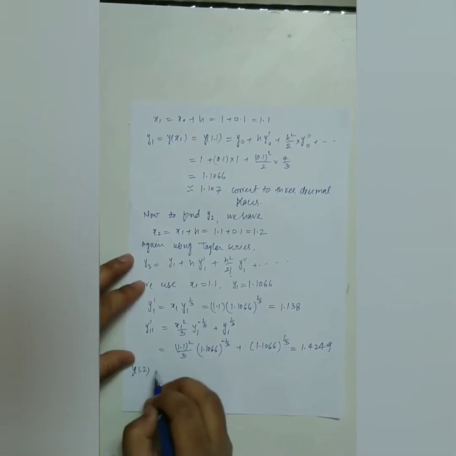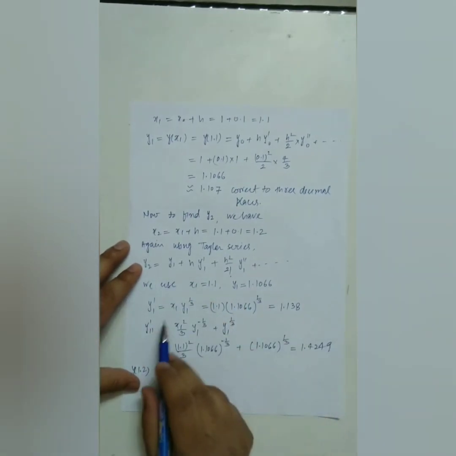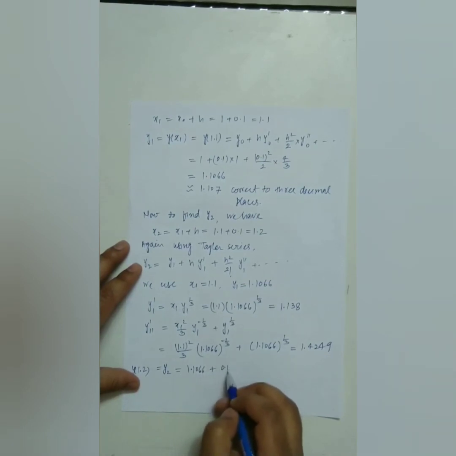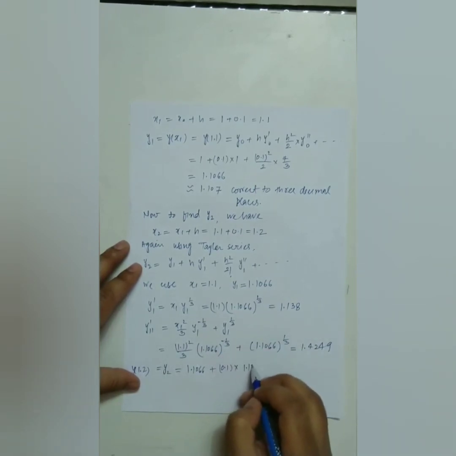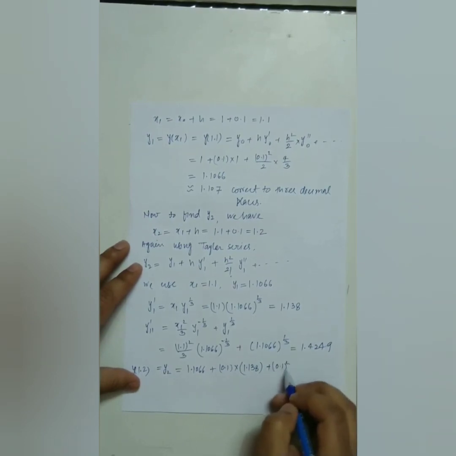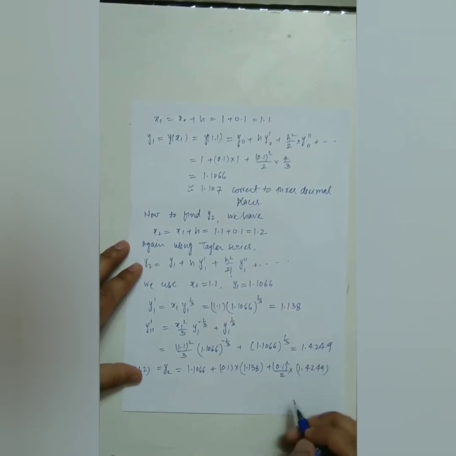So to find the value of y at 1.2, that is y2, this is equal to, now I am putting the values in this equation: y1 is 1.1066 plus h 0.1 into y1 dash 1.138 plus 0.1 square by 2 into y1 double dash 1.4249.